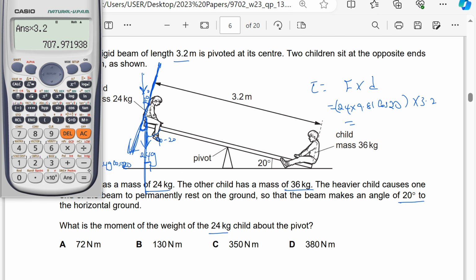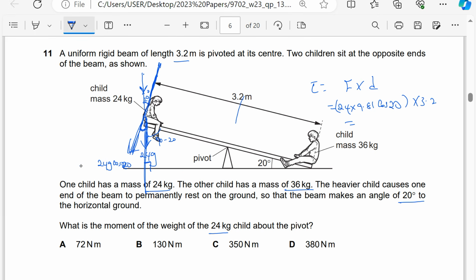Did I do it right? 24 times 9.81 cos of 20 times 3.2. Oh no, I was taking the distance from one end to the other.